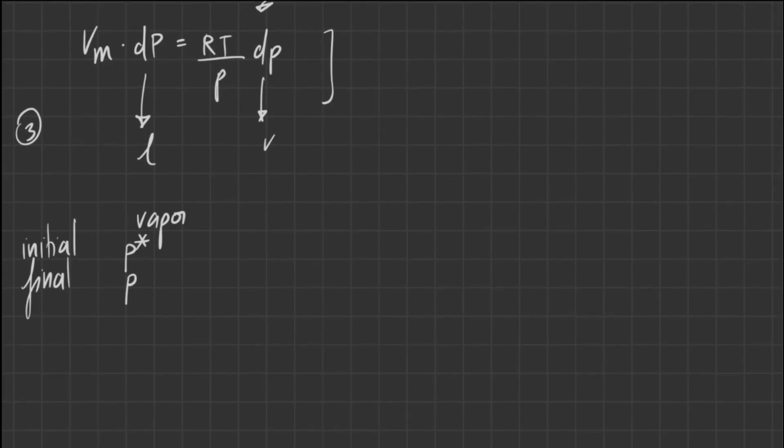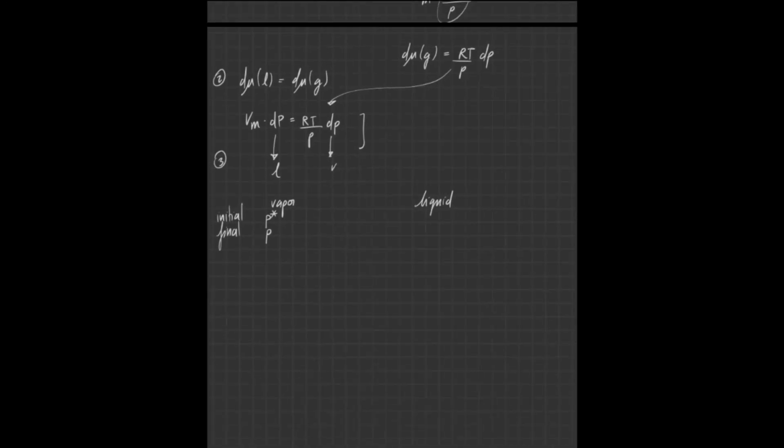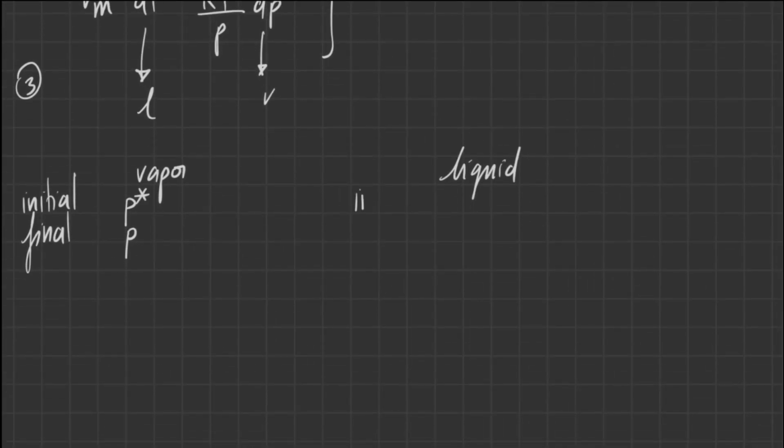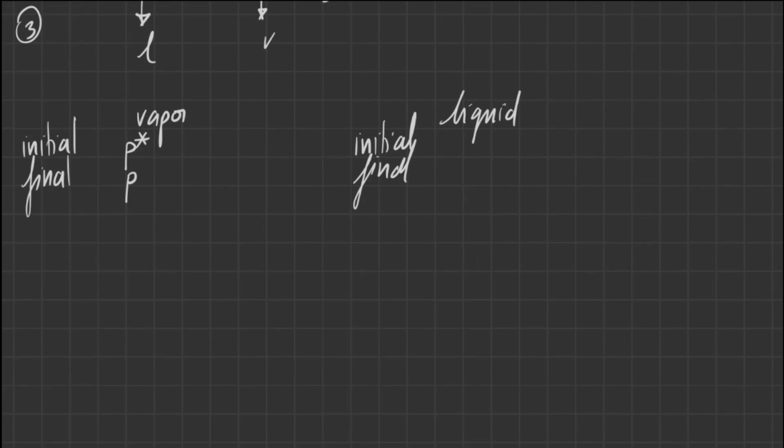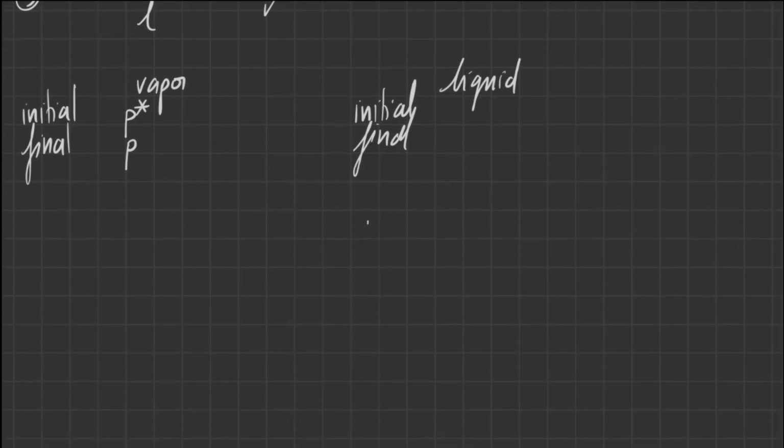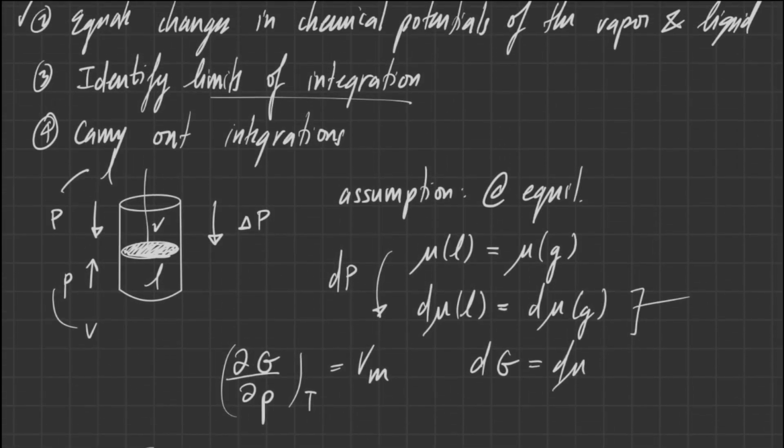So in terms of the liquid integration limits, we're going to want to establish an initial and final. It's a little harder to think about here, but if you remember from the picture, initially there is a pressure P at equilibrium which opposes this vapor pressure.